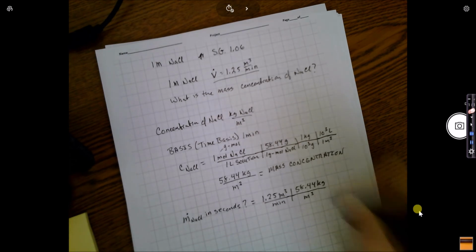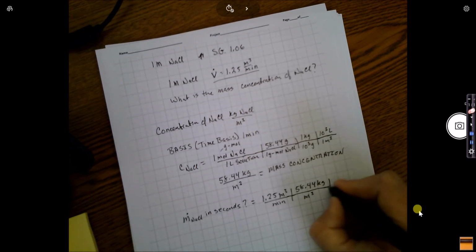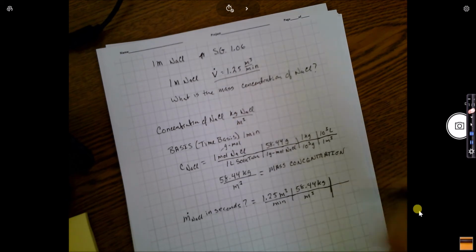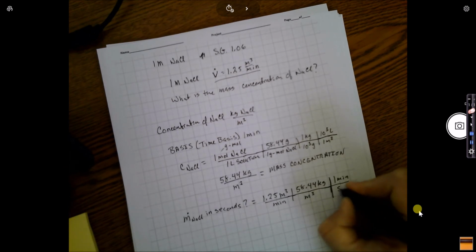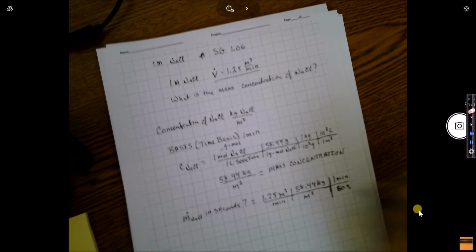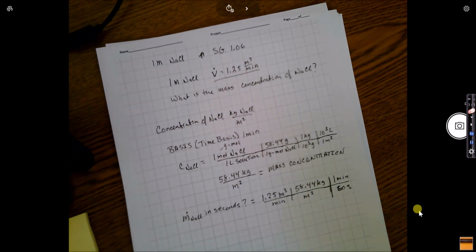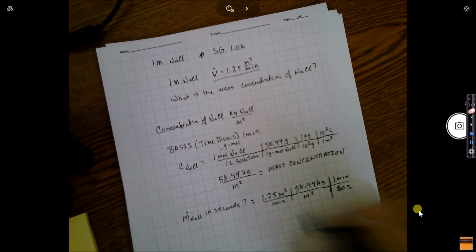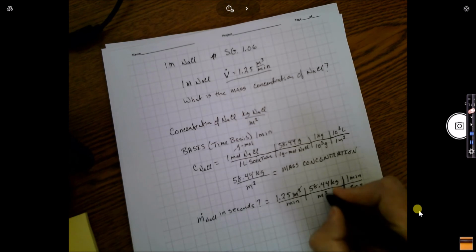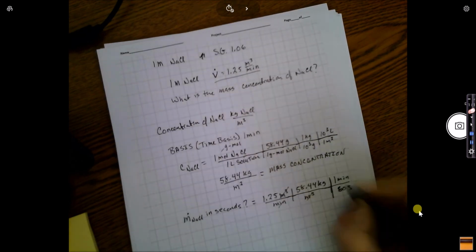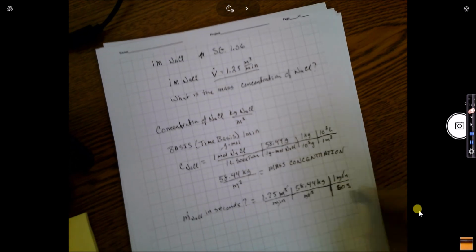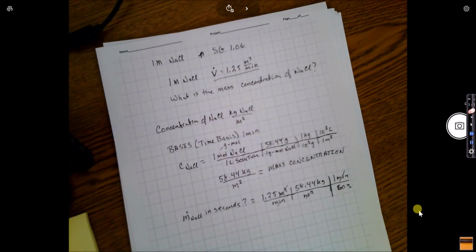Okay, and we want to be finding this in seconds. And we know we're going per minute, so we'll just do 1 minute over 60 seconds. Are we going to get our mass flow rate? Let's check. So meters cubed cancels. Minutes cancels because we want to know it in seconds. So we're going to end up with mass per second. So yes, we will get a mass flow rate if we plug and chug with our handy dandy calculator.